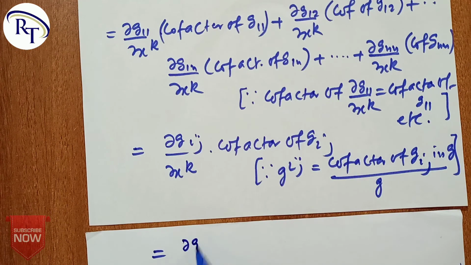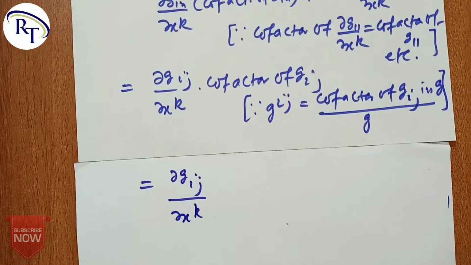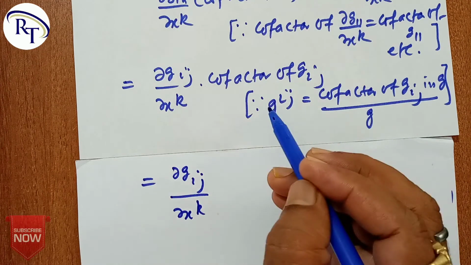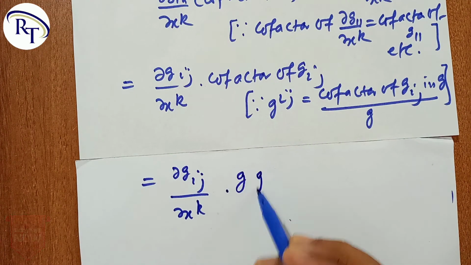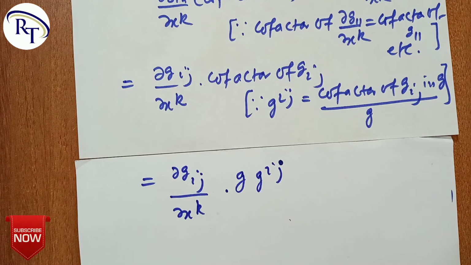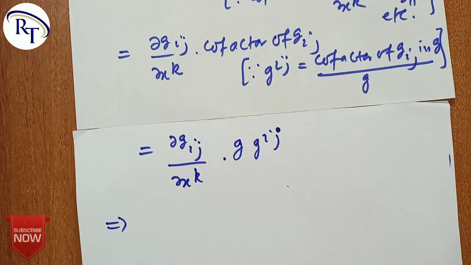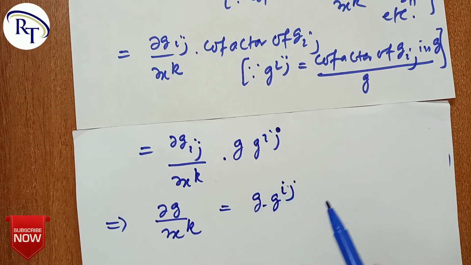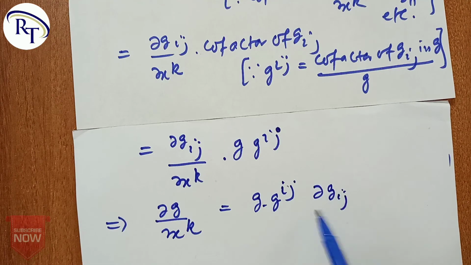So ∂G/∂x^k is equal to G into g^ij ∂Gij/∂x^k.